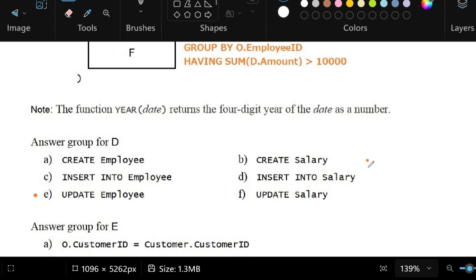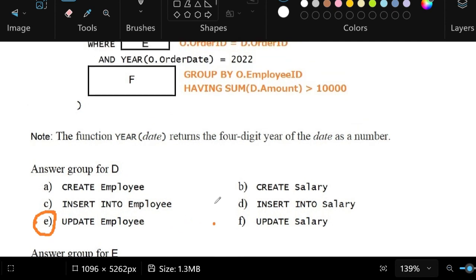Alternatively, we have the salary table where we can create a new salary, insert into salary, update salary, but we don't actually have a salary table at all. Instead, we have the employee table, and what we want to do is update the salary of the employee. So that's why letter E is the correct answer.